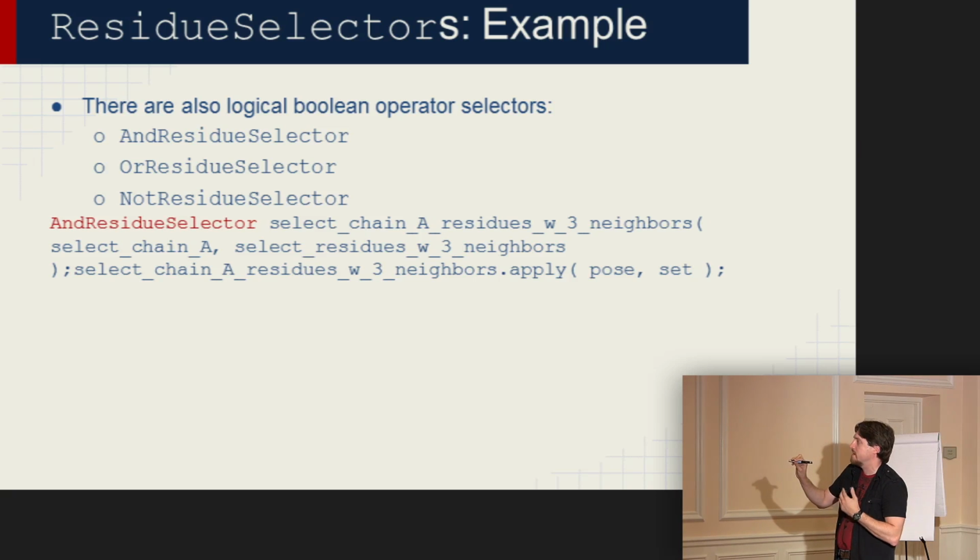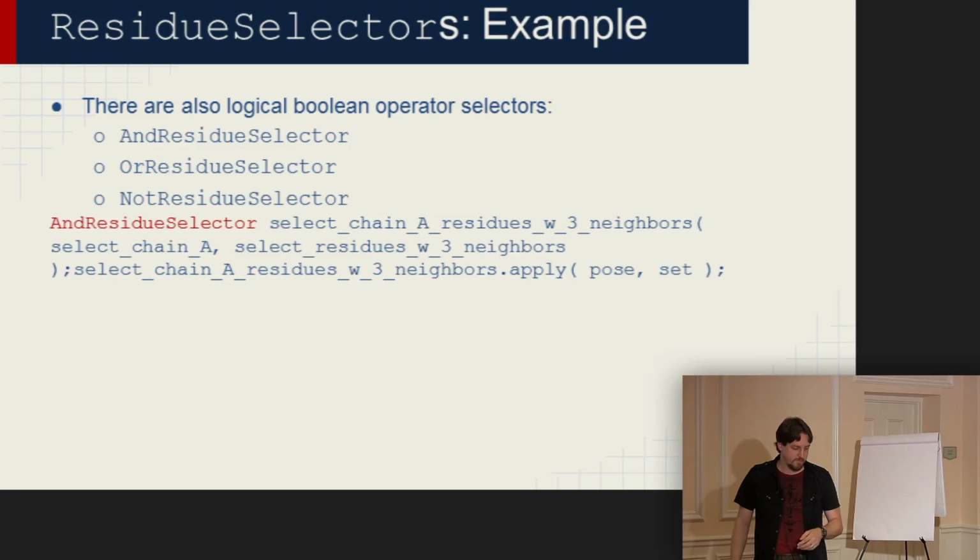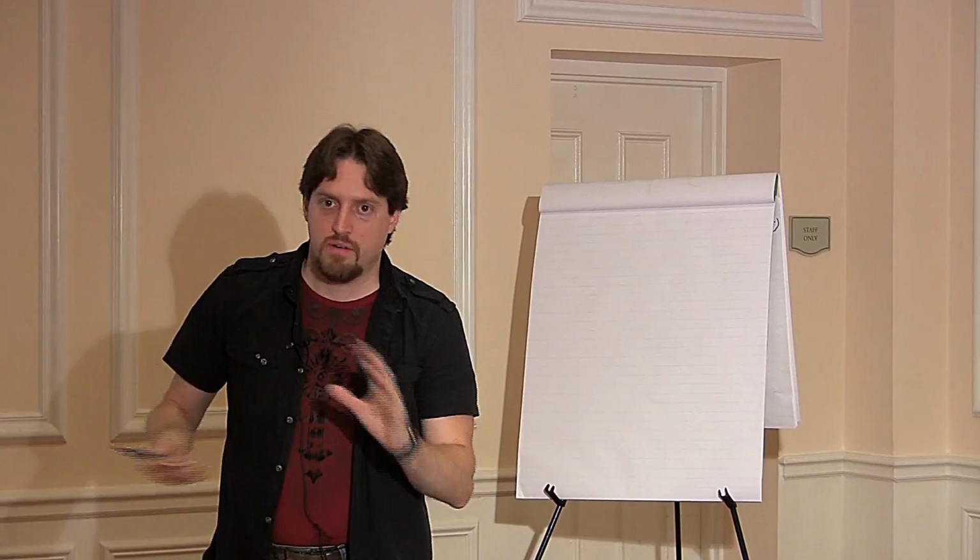So in this case, let's say we made a select chain A and a select residues with 3 neighbors as our residue selectors. Well, this residue selector will AND those two together. So essentially, we're going to get select chain A residues with 3 neighbors. And then we can apply that to a pose and a set, and our set will now contain trues and falses corresponding to whether they are in chain A and have 3 neighbors. So very powerful and versatile.